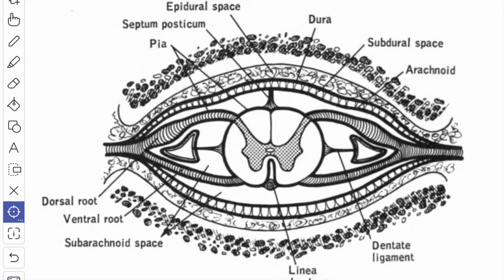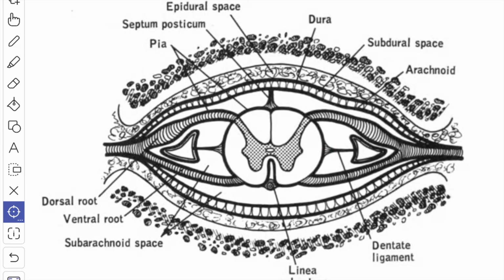So the next process is the ligamentum denticulatum. So this is the ligamentum denticulatum. These are two transparent ribbon-like bands of pia mater, one on each side, extending laterally between the posterior and the anterior nerve roots from the pia mater covering the spinal cord.